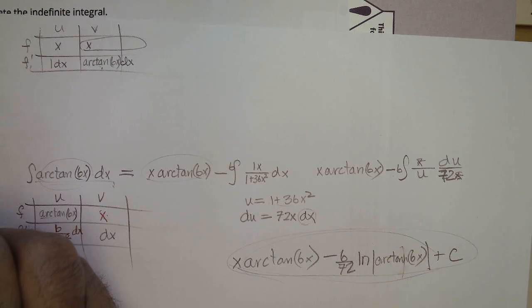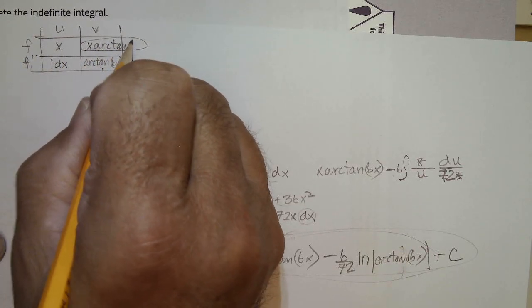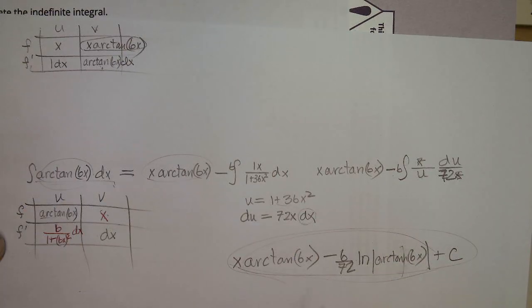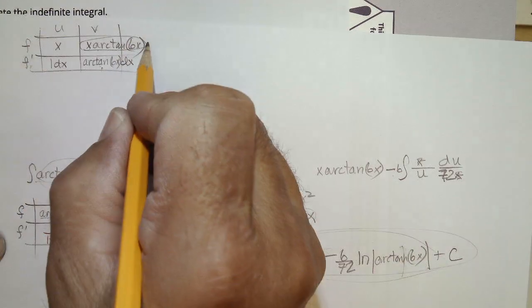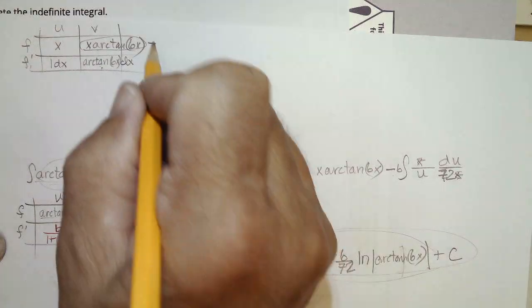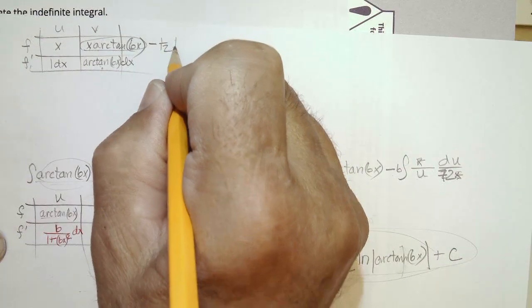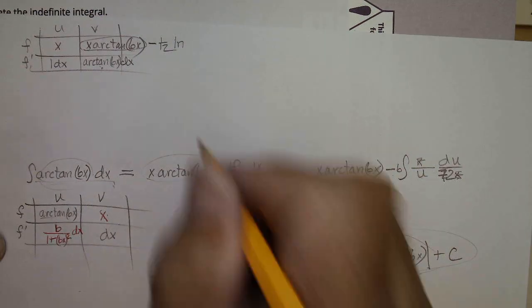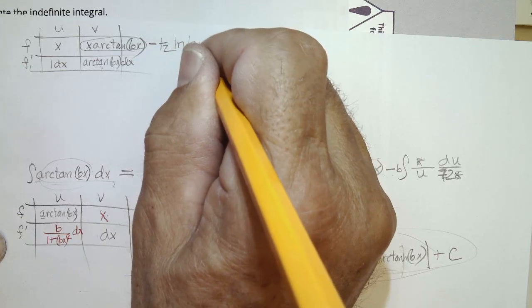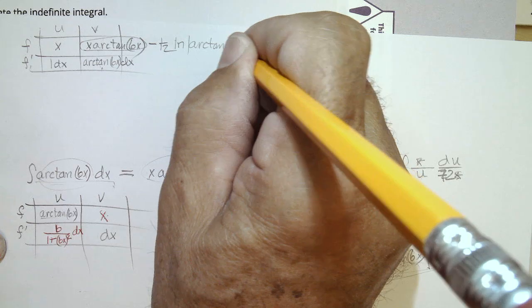x arctangent 6x minus 6 over 72 is 1/12. Natural log of 1 plus 36x squared.